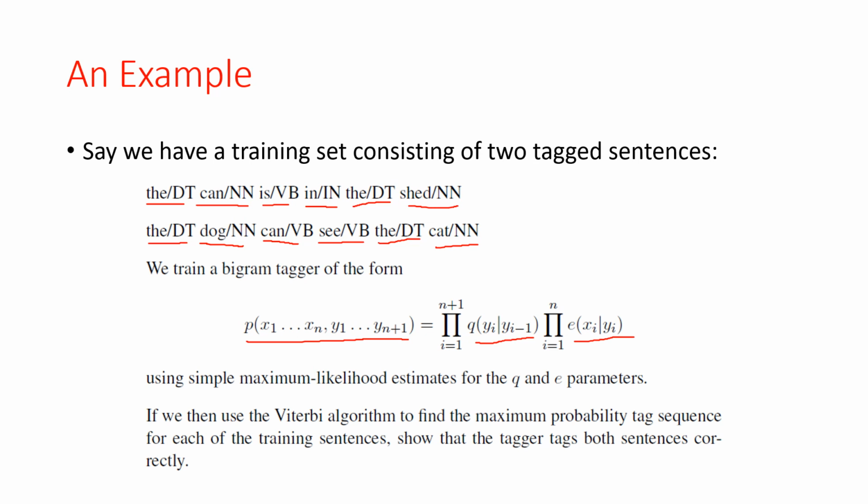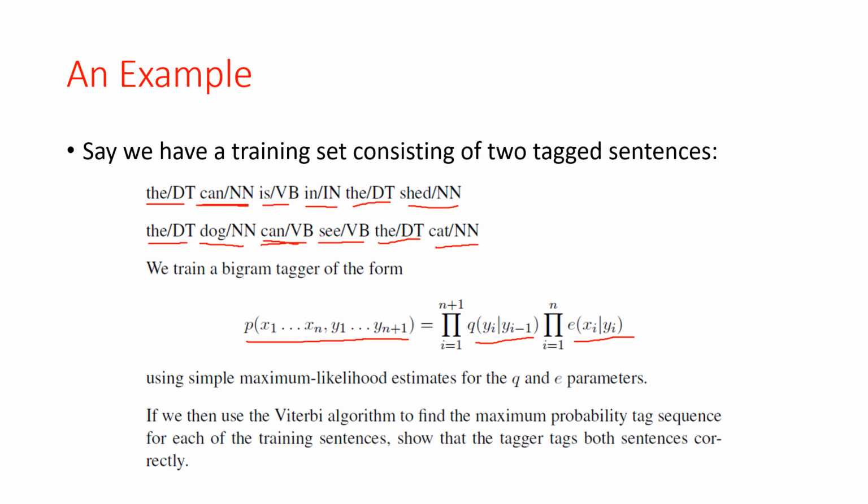The only word which is seen with more than one tag is can. In the first sentence, can is a noun, and in the second sentence, can is a verb. Hence, can is the only word such that the e parameter, e of a word given a tag, is greater than 0 for more than one tag.